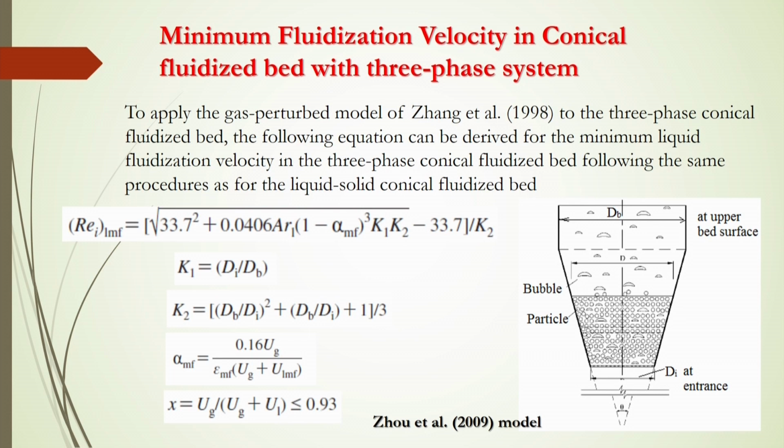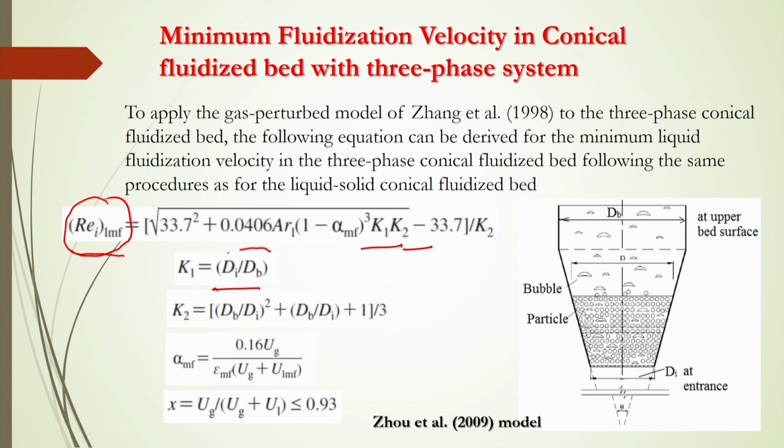with the conical bed also with this three-phase system, and they got this minimum fluidization velocity, which is expressed by the minimum Reynolds number, and again they have considered some parameters here, K1 and K2, which are functions of the diameter of the inlet and of the bed.